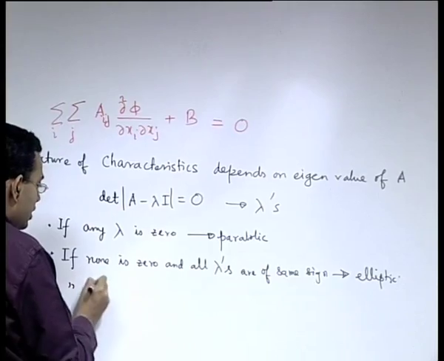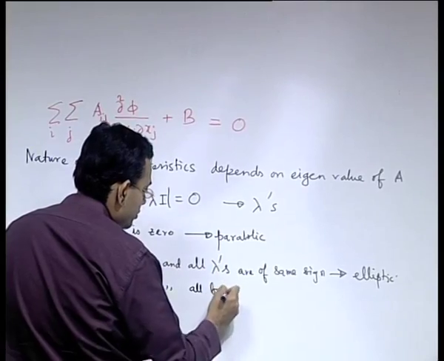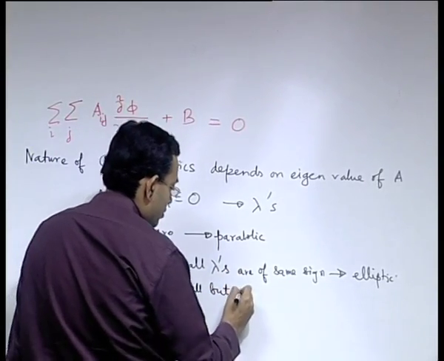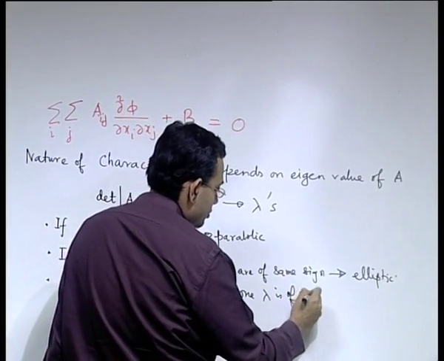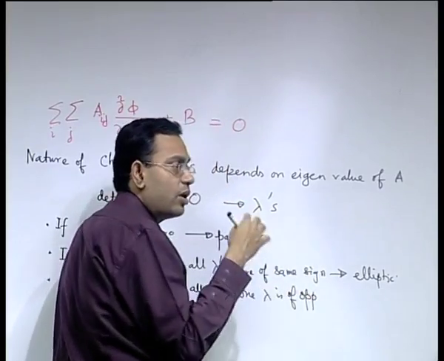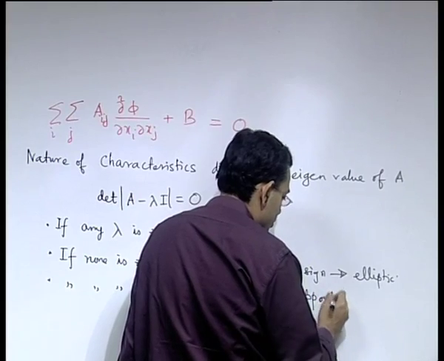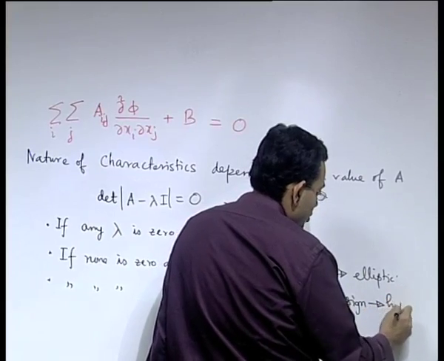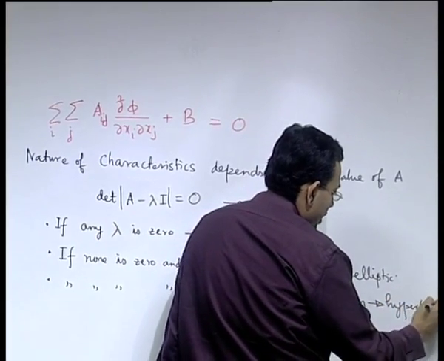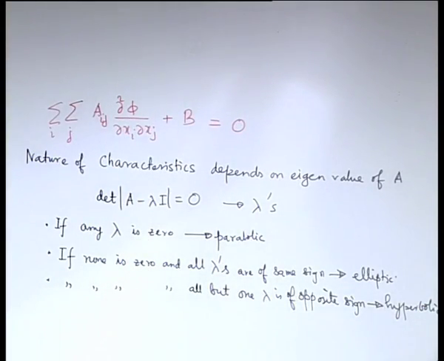And if none is 0 and all but one lambda is of opposite sign, so at least one is of opposite sign to all the other lambdas, then it is hyperbolic. So let us consider an example by which we will try to illustrate this principle of classification.